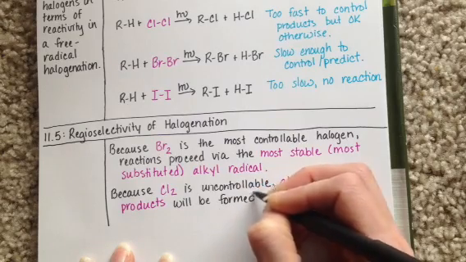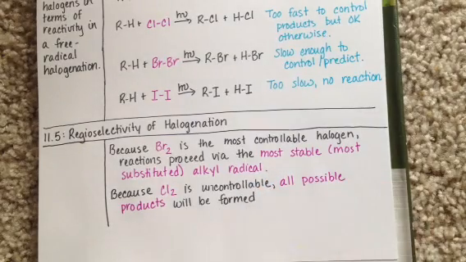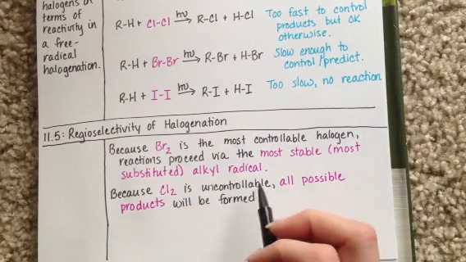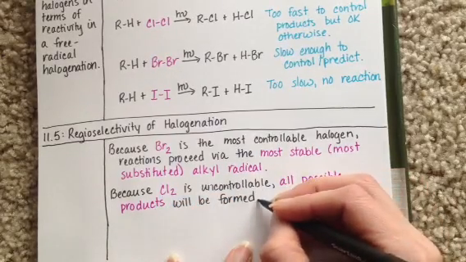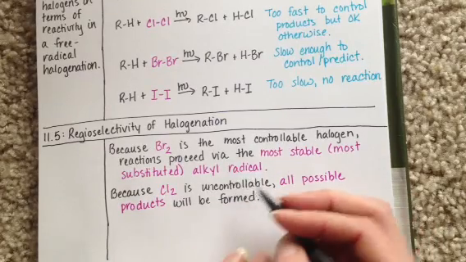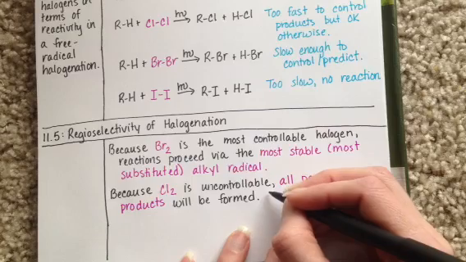So everything is going to happen. We're going to get a huge mixture of a whole bunch of different types of halogenation products. But still, within that jumble of a mixture of products, the product that is formed via the most stable alkyl radical is going to be the major product.